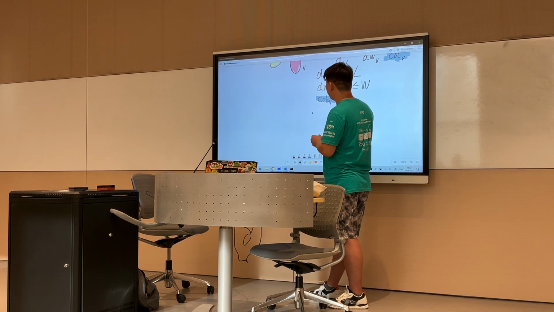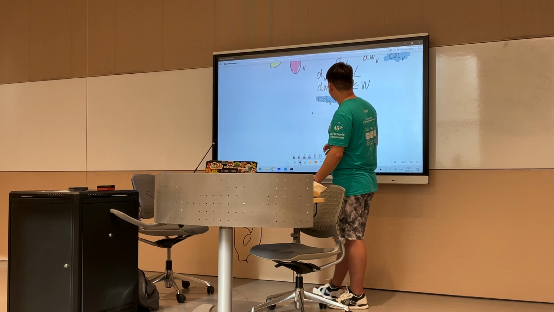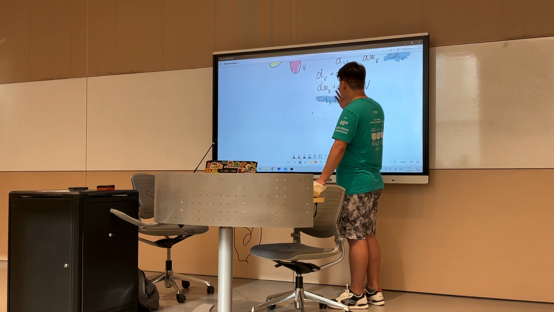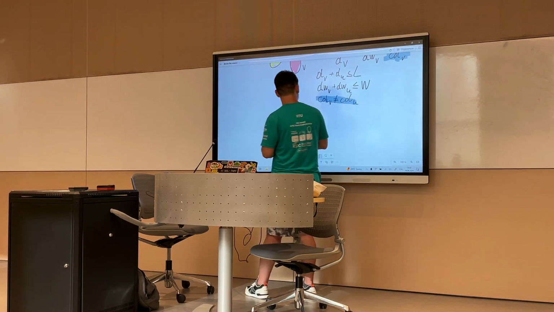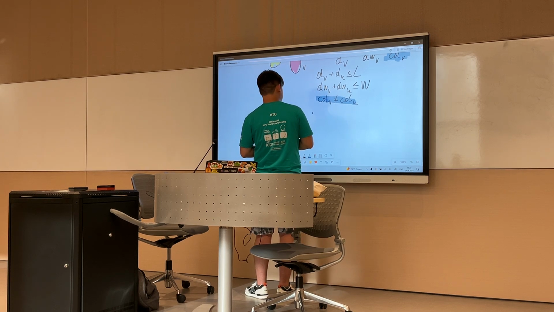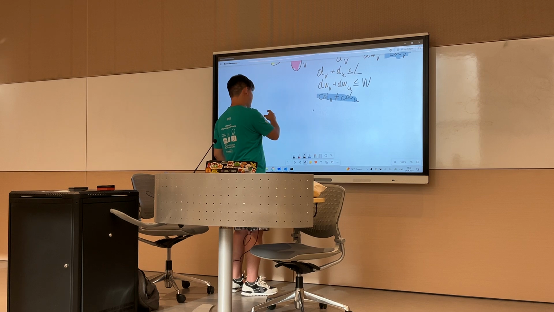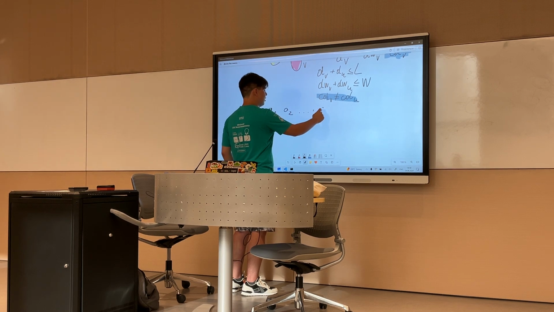We have an array of indexes of vertices. Let's call that array A: A1, A2, and AK.